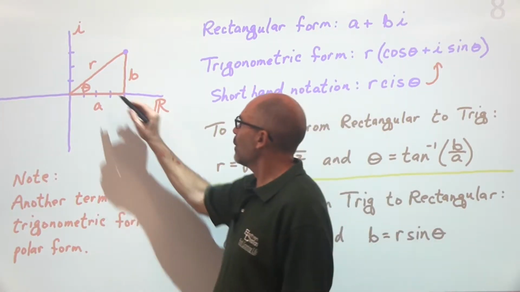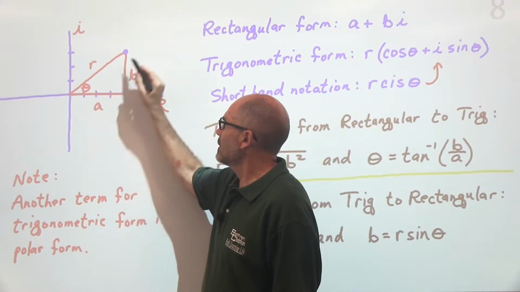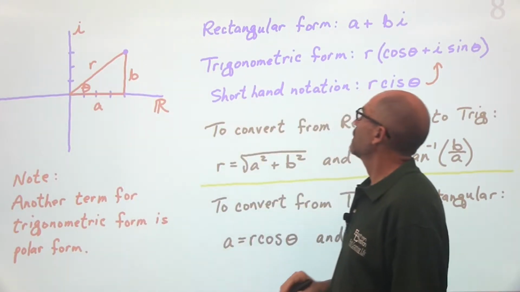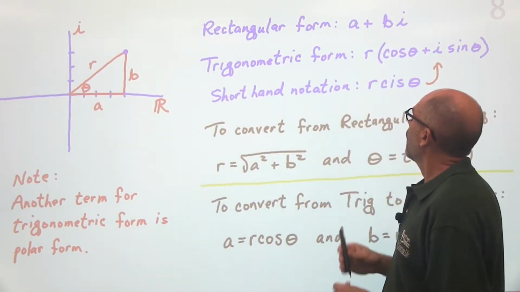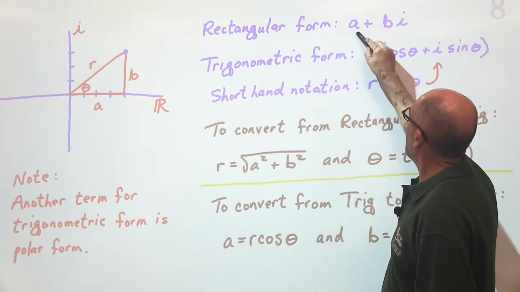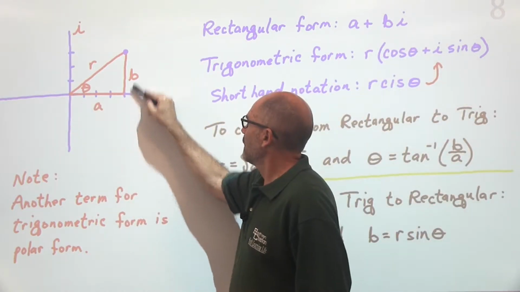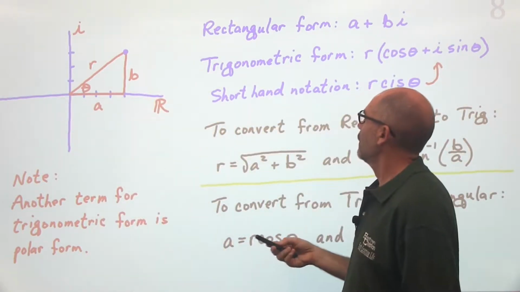And then that'll also give us a theta angle that goes to the point. So what we call rectangular form is a plus bi. That's rectangular.